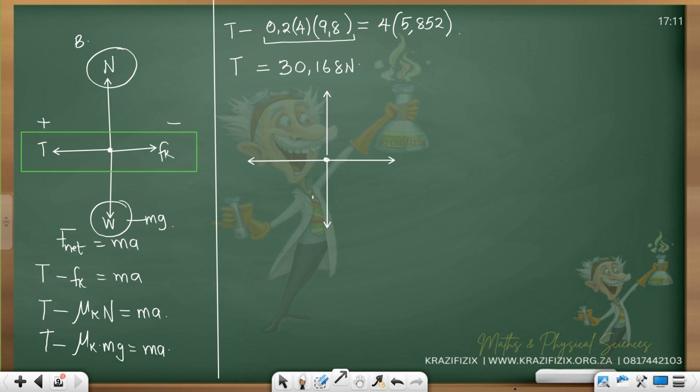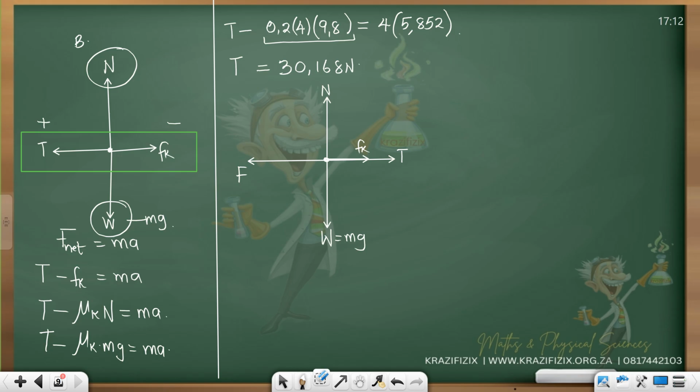Now tension would be to the right this time because object B is pulling it, and friction would be in the opposite direction of motion. So force applied, friction, tension, weight, which is mg, and the normal.